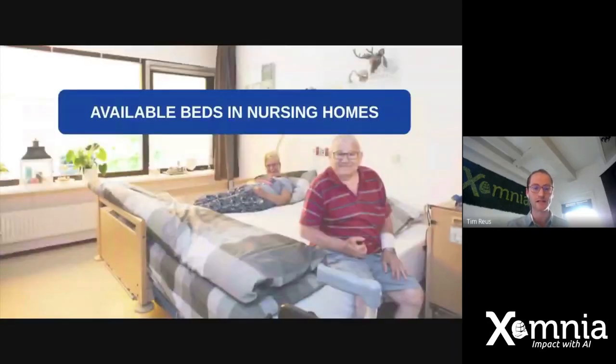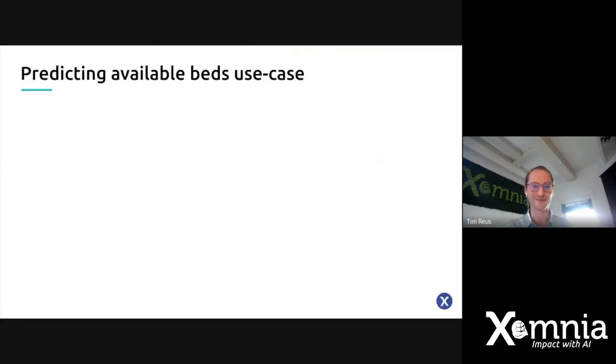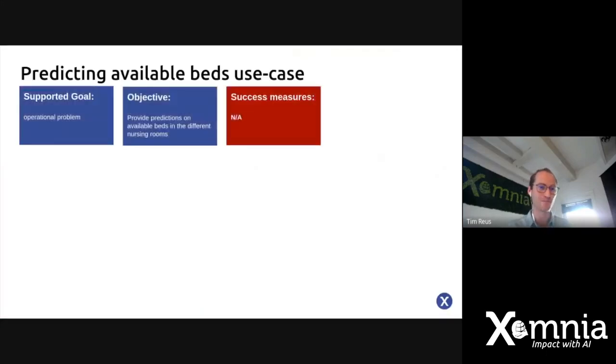If we look at something that wasn't the best success, it would be this example: predicting available beds in a nursing home, which is very relevant at the moment, of course. But I'll show you why it wasn't the best success, and we could have known this up front.